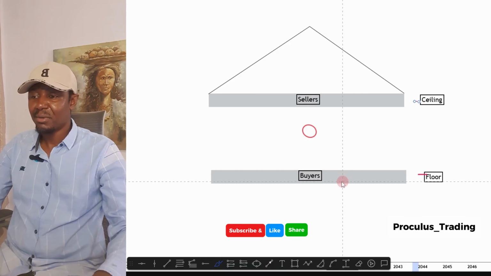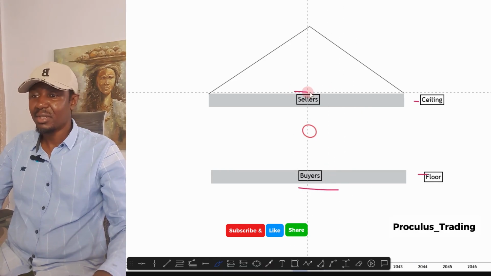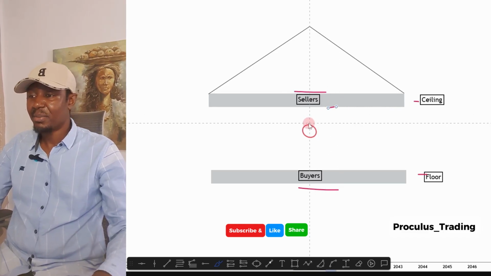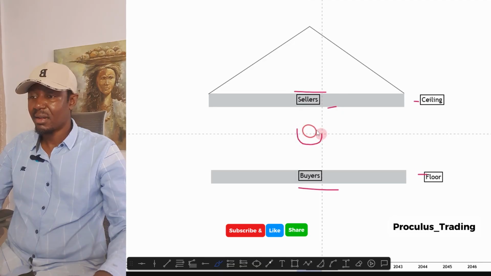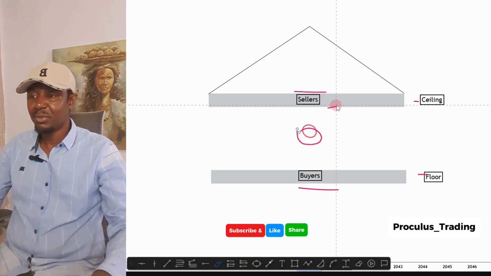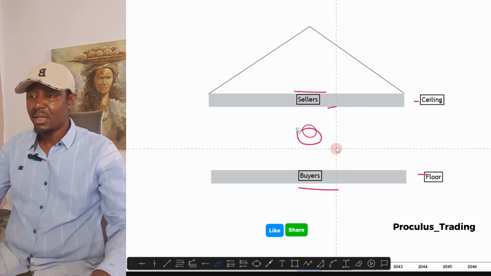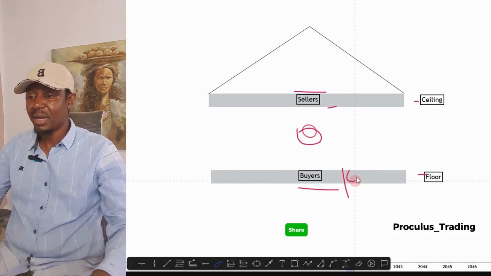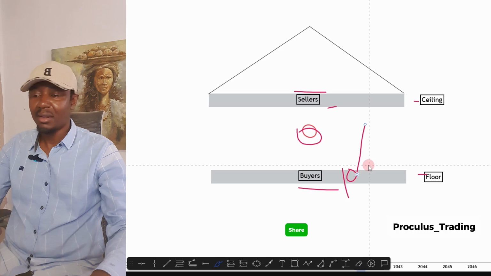Now the floor will serve as the support, and the top, which is the ceiling, serves as the resistance. So this is price in between, between the ceiling and the floor. What happens is that this floor right here prevents price from breaking down, going under the house. So price comes here and bounces off to the upside.